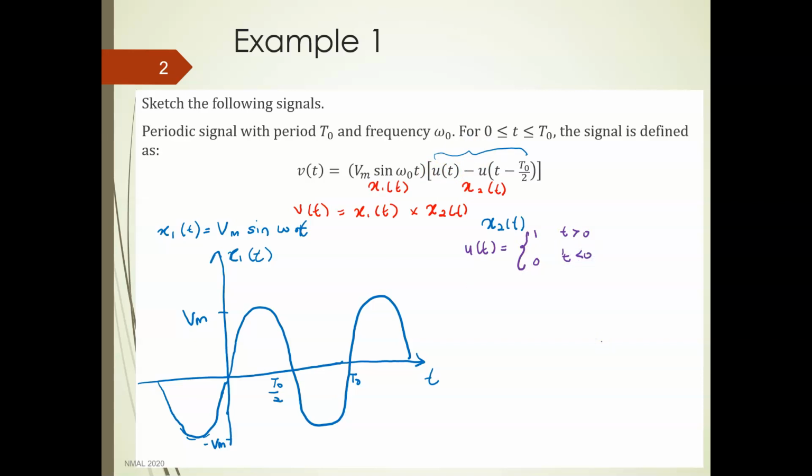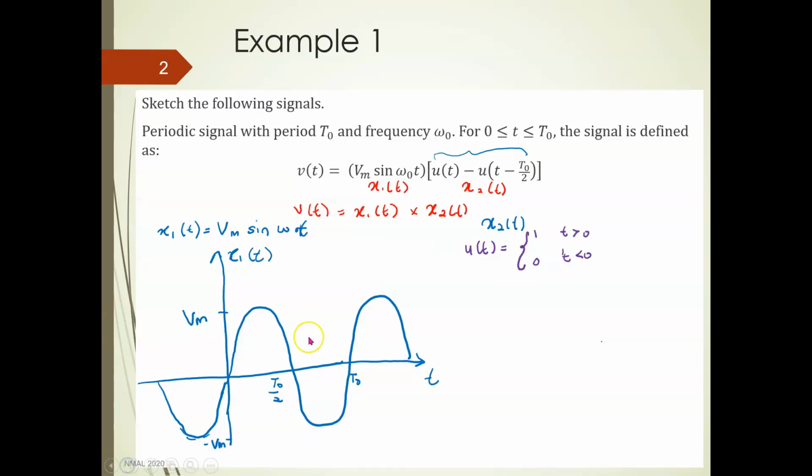And another one is ut minus t0 over 2, which is equivalent to 1 because of this negative part here, when t is bigger than t0 over 2. Then it is equivalent to 0 when t is less than t0 over 2.